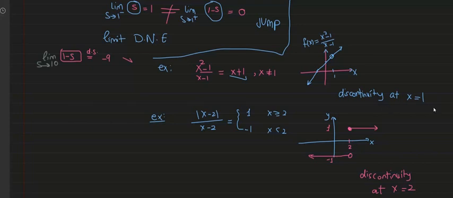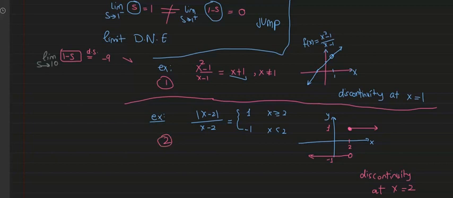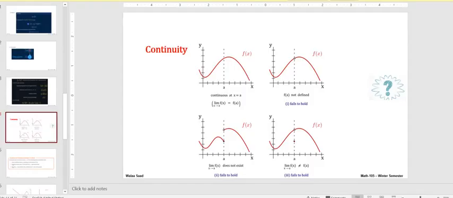So this is another type of discontinuity that we might consider, and these are the two cases that we consider for the discontinuity. Case number 1, where we have a hole or a gap, and number 2, when we have a jump. So here we have that hole, and it means that the function is undefined here.